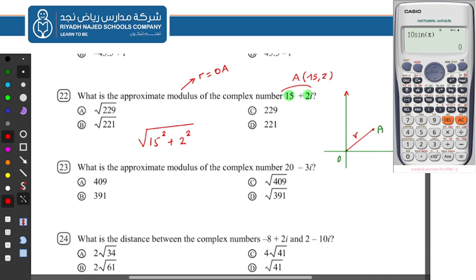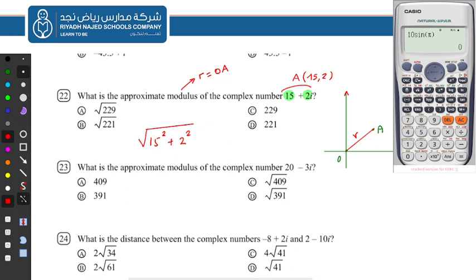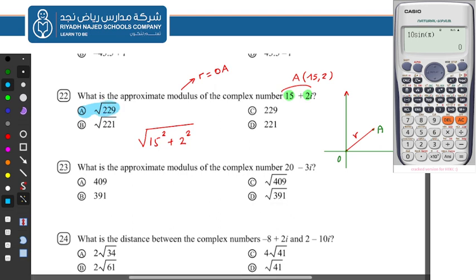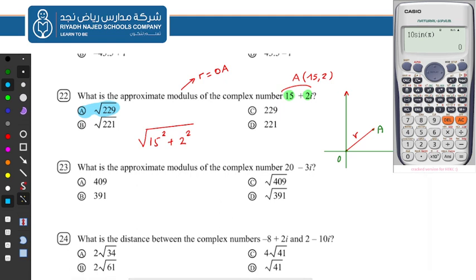Okay, so here 15 squared, 225, plus 4 is 229, and don't forget the square root, so the correct answer is A. Now you practice with question 23. You can pause the video and practice, find the modulus of this complex number.